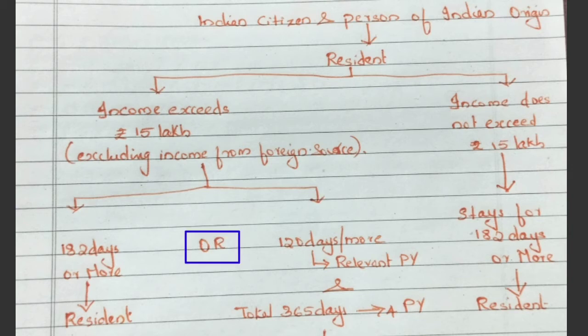Or if he doesn't stay in India for 182 days or more, then the second condition applies: that he stays in India for 120 days or more during the previous year and for a total of 365 days during the four preceding previous years. So it is similar to the second condition, the only difference is that here it is 120 days. Either of these two conditions must be satisfied to become a resident in case of an Indian citizen or person of Indian origin whose total income excluding the income from foreign source exceeds rupees 15 lakh during the previous year.